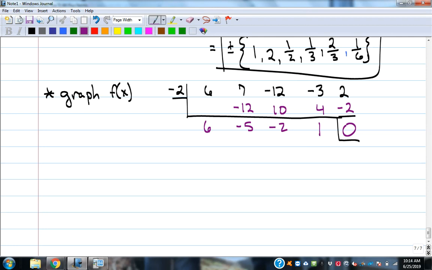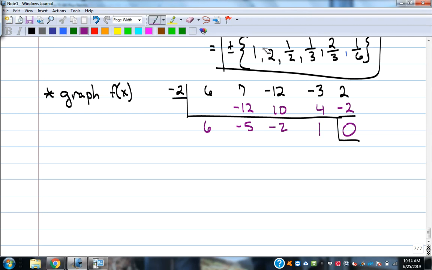And I've got 6x cubed minus 5x squared minus 2x plus 1. I don't have a lot of skills for factoring things that have x to the third power in them. So I'm going to do synthetic division again on this line and use another number from my P over Q list.